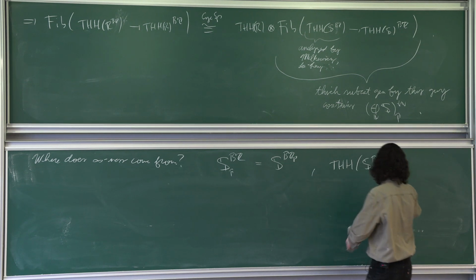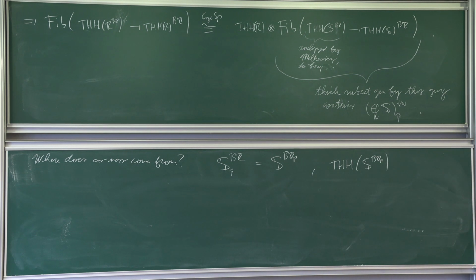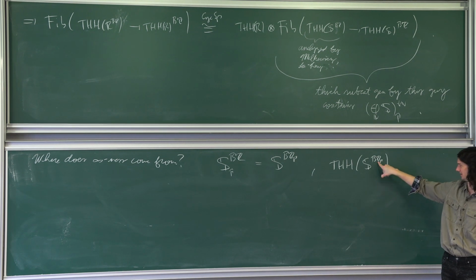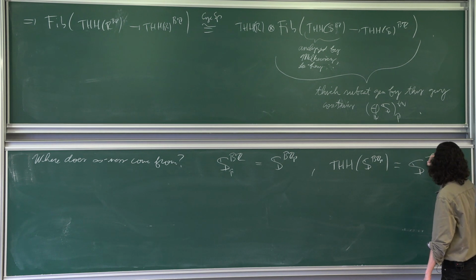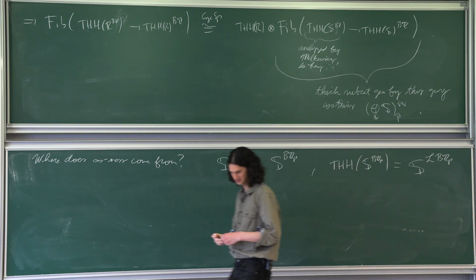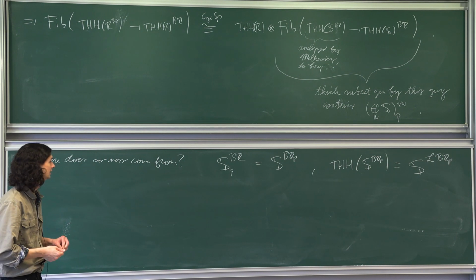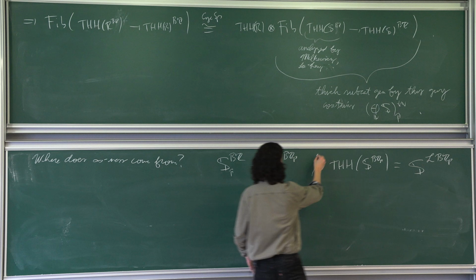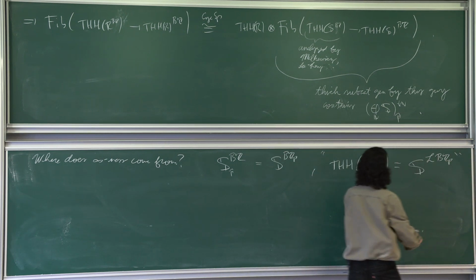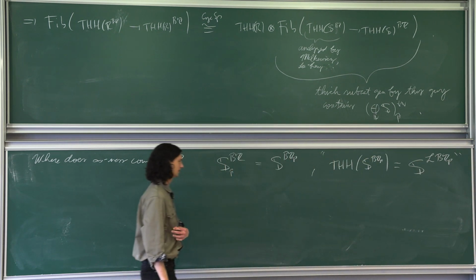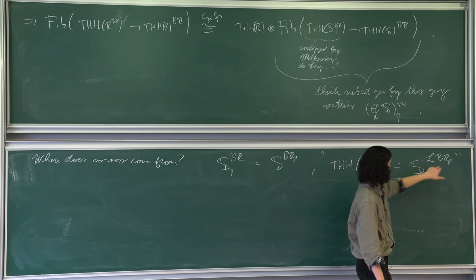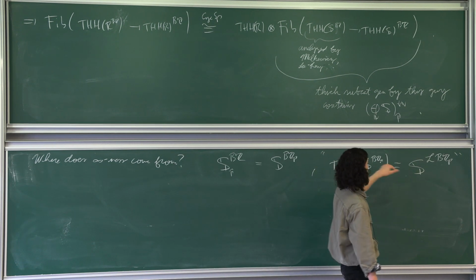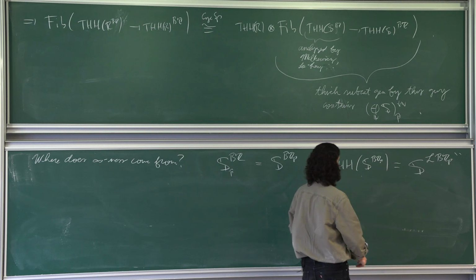There's a standard fact about THH of such function spaces to the sphere spectrum, which is that they want to be the same thing as the function space from the free loop space of BZp. This is something that formally should be true for THH of a function space: THH of cochains on X should be cochains on the free loop space of X.